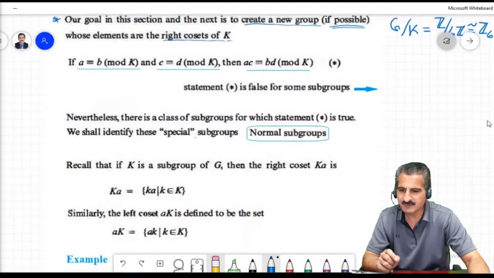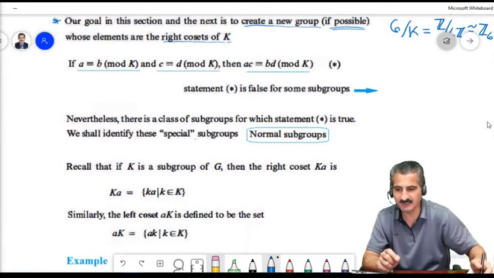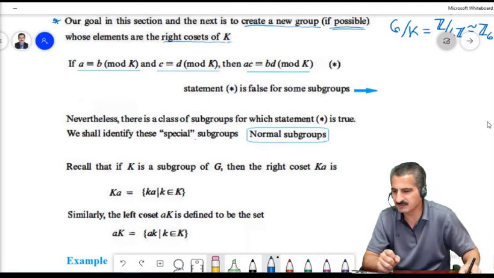Okay, so to define normal subgroups, let's go step by step. Now assume we have a subgroup K. Now we know what it means for a and b to be equal. Remember that a is congruent to b modulo K in general.